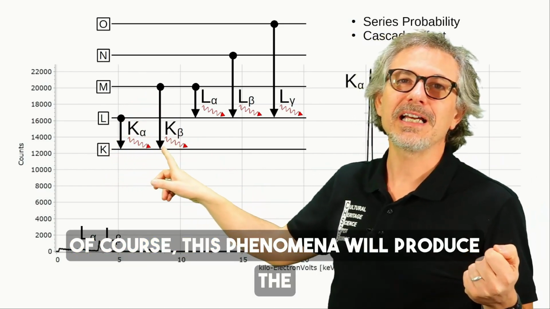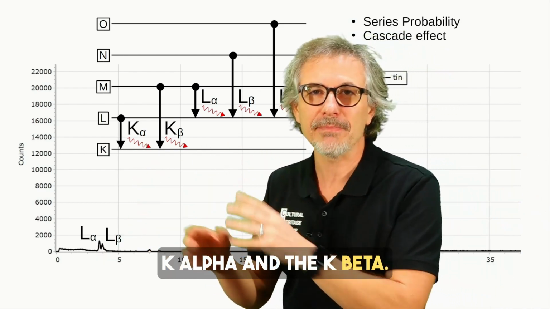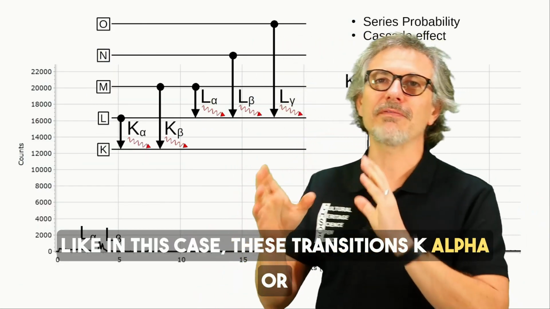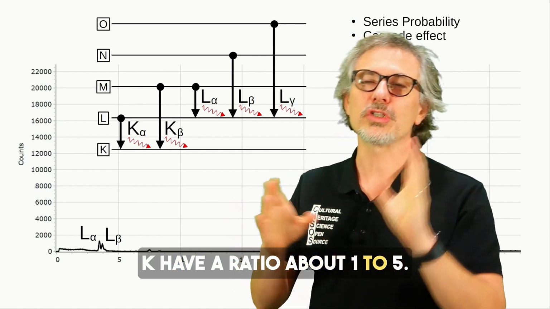Of course, this phenomenon will produce the K alpha and the K beta, like in this case. This transition, K alpha or K beta, have a ratio of about 1 to 5.